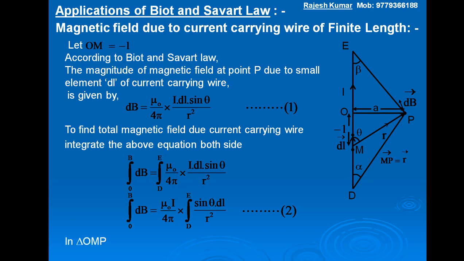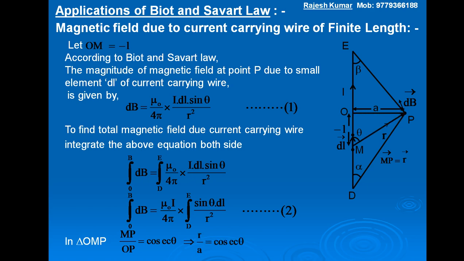In triangle OMP, which is a right angle triangle, MP, which is the hypotenuse, upon OP, which is the perpendicular, is equal to cosecant theta.